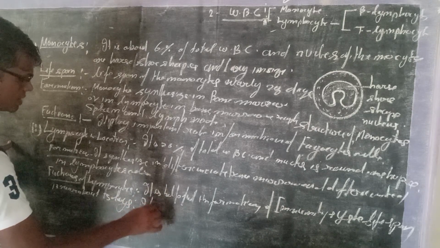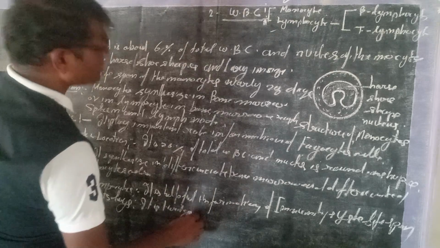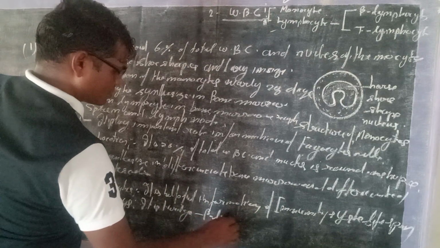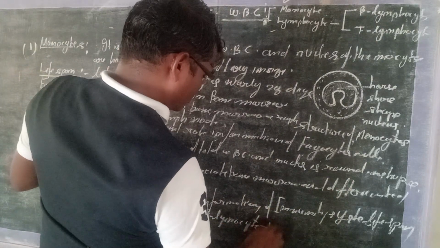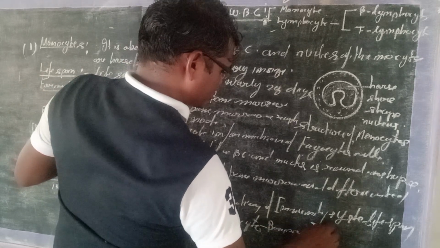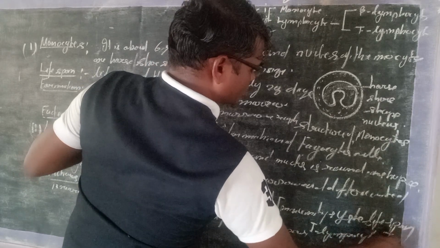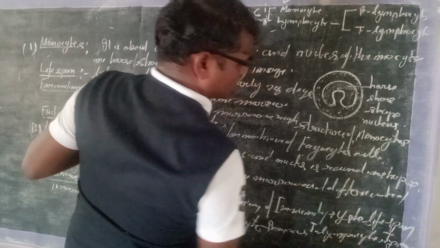And it is of two types: B lymphocytes, which are found in bone marrow, B for bone marrow, and T lymphocytes, which are associated with the thymus gland.